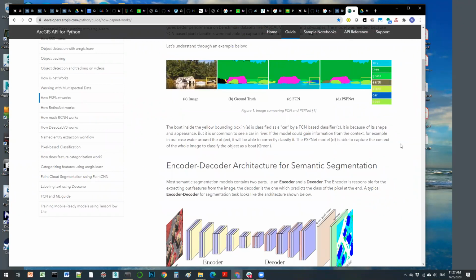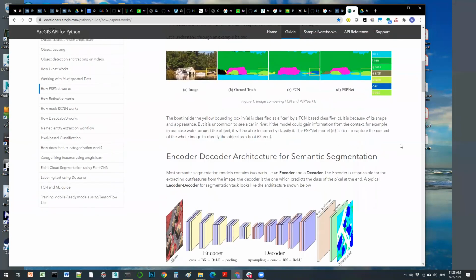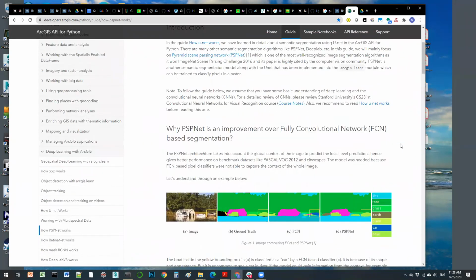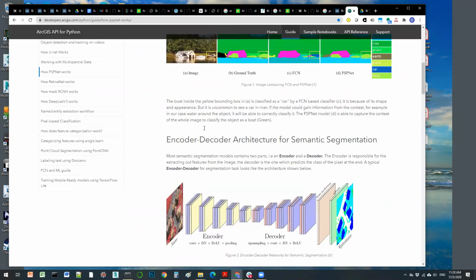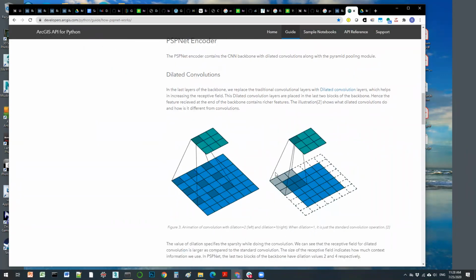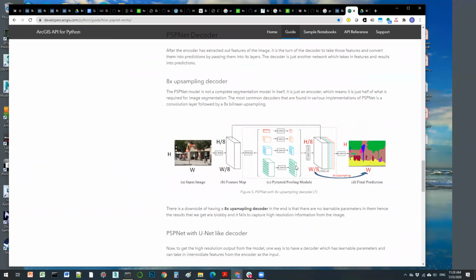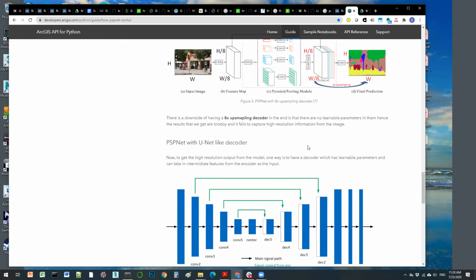Right. So can you guys see my screen now? Okay, so this is what Steve is talking about. This was another one of the explanations, and you can see here he talks about PSPNet. Why is it an improvement? And then here you see he's just implementing the PSPNet encoder, which contains the dilated convolutions, and then pyramid pooling. But here is where the problem lies, and in order to address it, he comes up with PSPNet with a UNet-like decoder.